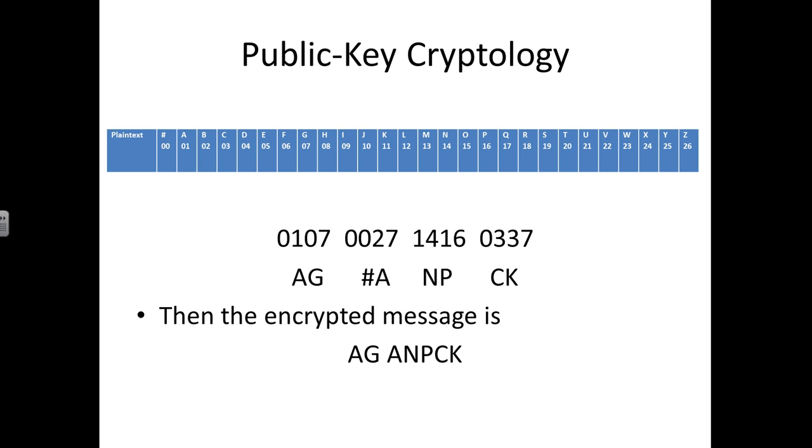And we can use our plain text model to see what it is. So when we encrypt it, we have AG space ANPCK. Nobody is going to know that means go cards except for us and whoever has a keypad to be able to decode.